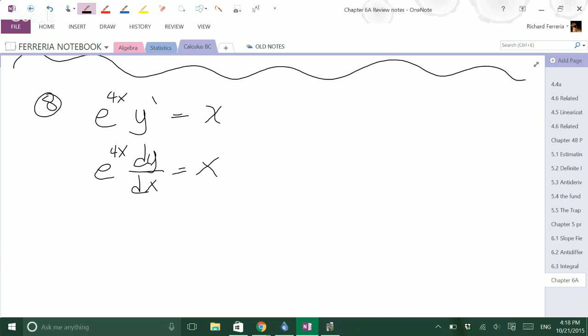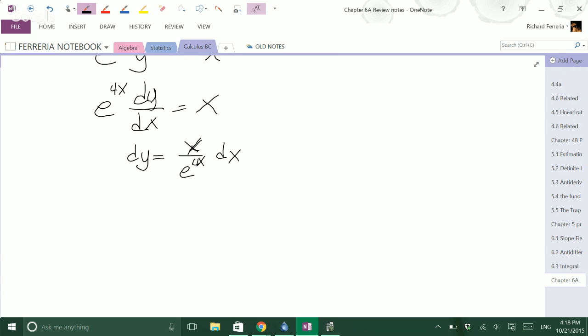So we're going to divide by e to the 4x and multiply by dx, where dy equals x over e to the 4x dx. And that makes the integral look much more difficult than it really is, because all you need to do is use a negative exponent, and all of a sudden it becomes super easy.